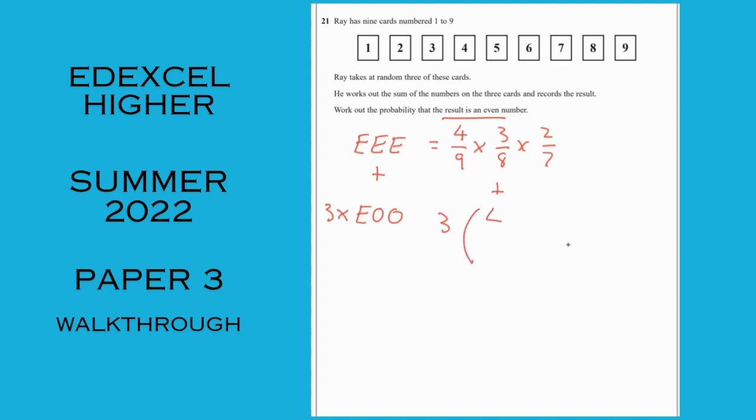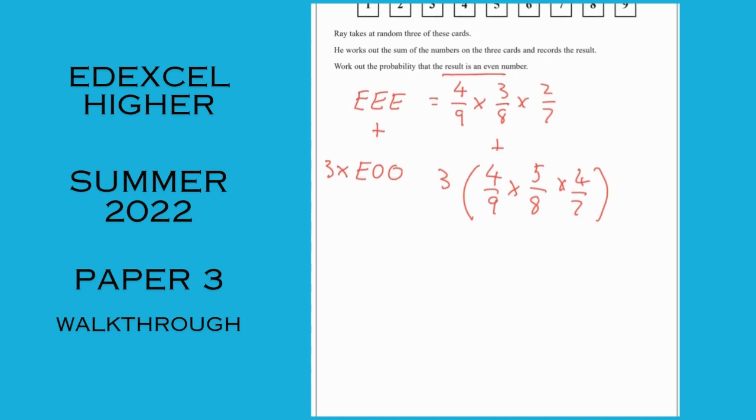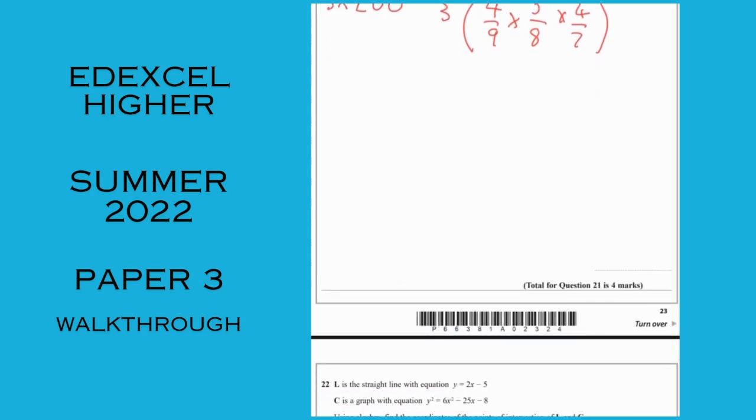So even is still 4/9, but now odd is 5 out of 8, and another odd is 4 out of 7. Obviously, if they change order, the numerators and denominators just shuffle about. No point in listing them. Just get on your calc, add them all together. You should get 264 over 504, which cancels down to a nice 11 over 21.